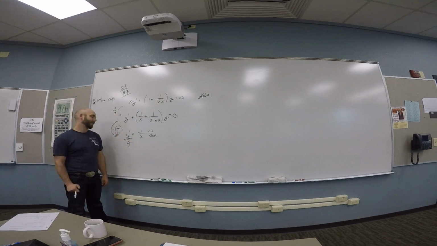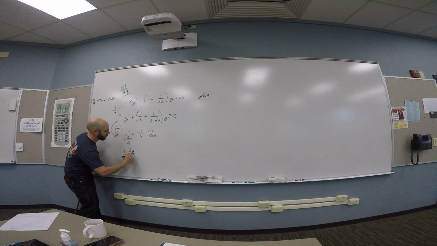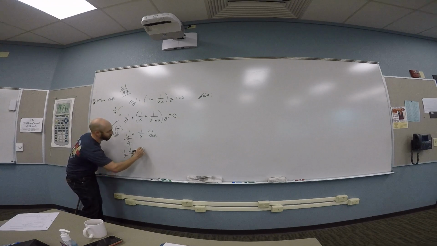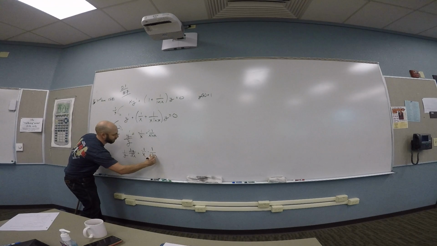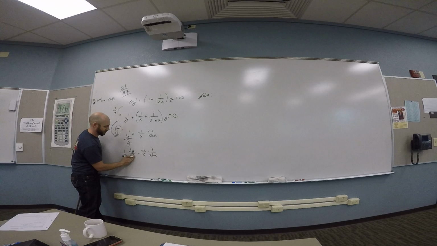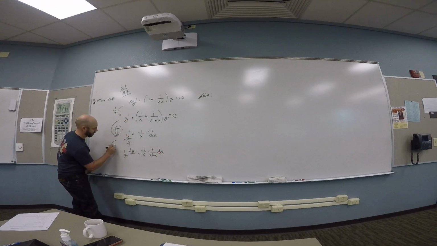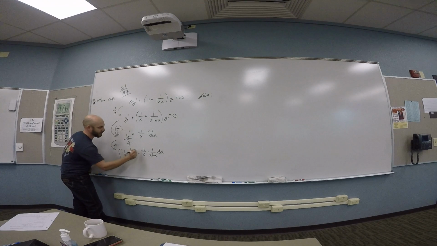So this is 1 over y dy dx is minus 1 over x minus 1 over x log x. So multiply the dx to the other side and slap squiggles on there.